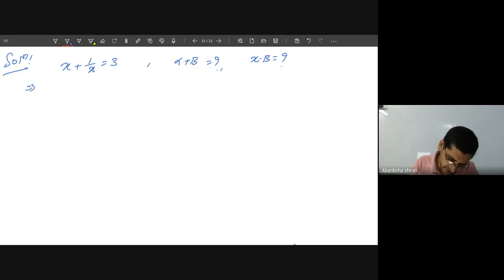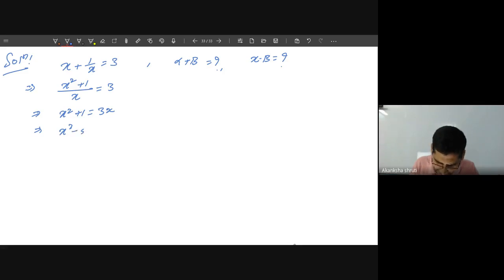So rearrange this quadratic equation, meaning go for simplifying this. It is x square plus 1 is equal to 3. This implies x square plus 1 is equal to 3x. Bringing this to the left hand side, x square minus 3x plus 1 is equal to 0.